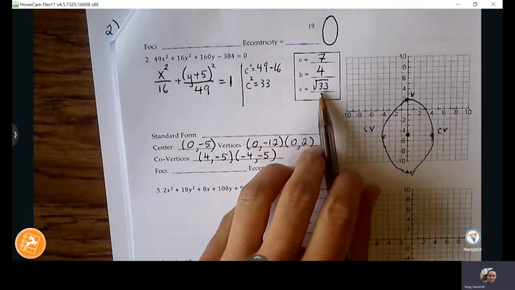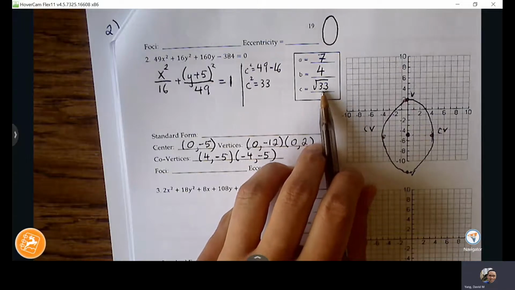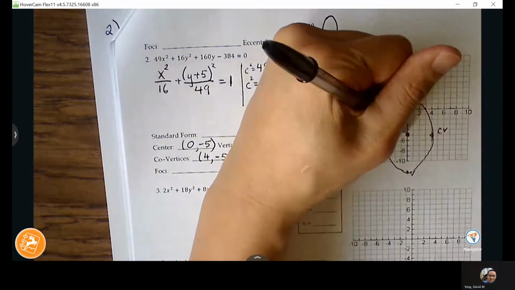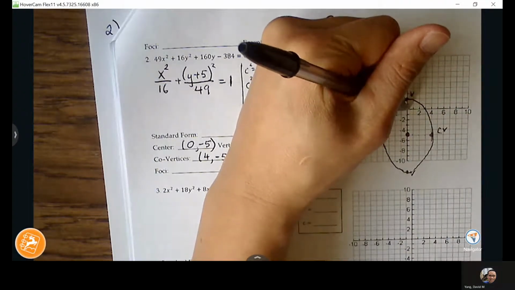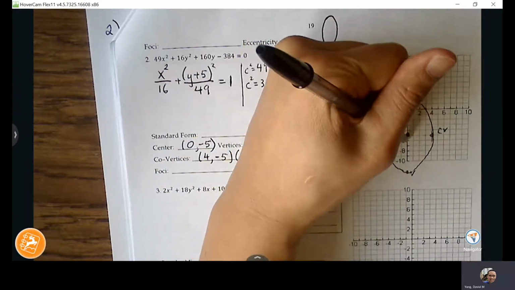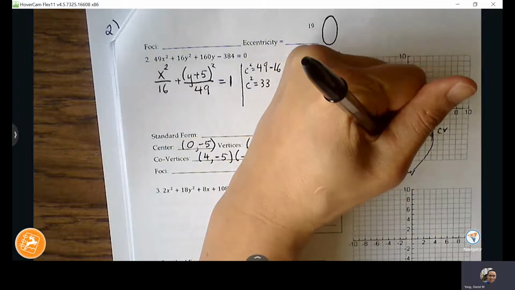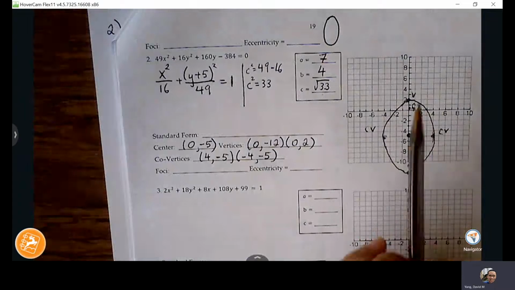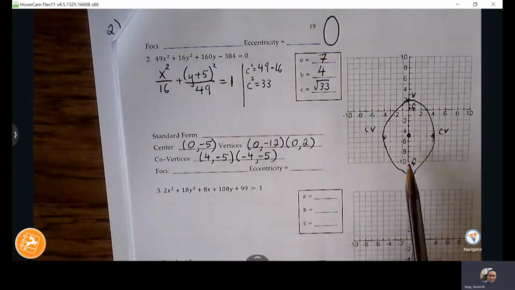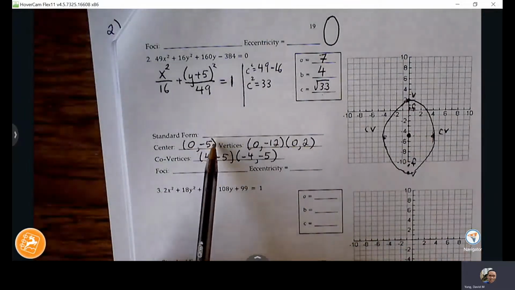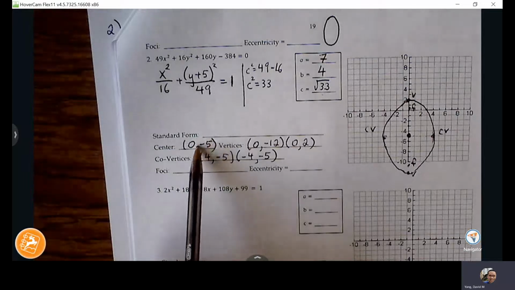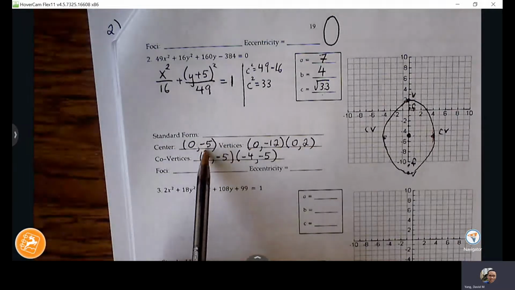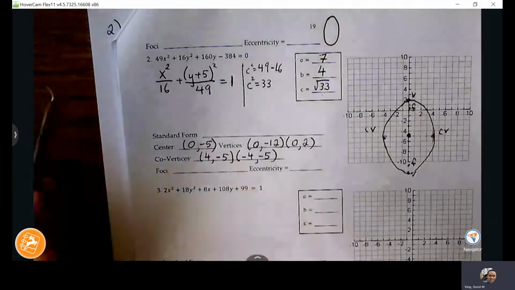Root 33 is close to root 36. Root 36 is 6, so a little bit less than 6. You're moving your focus up and down from the center, so you'll just take your center and add the plus or minus c value to your y value of -5.